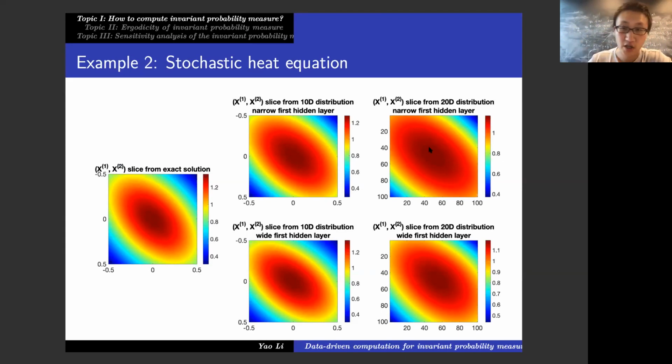Why? Because in higher dimension, effectively this density is more concentrated, and more concentrated means you have higher derivatives. In other words, you have a higher Barron norm, and there are some theoretical results saying that the representation error of the neural network is related to the Barron norm of the target function. So that's also a possibility.